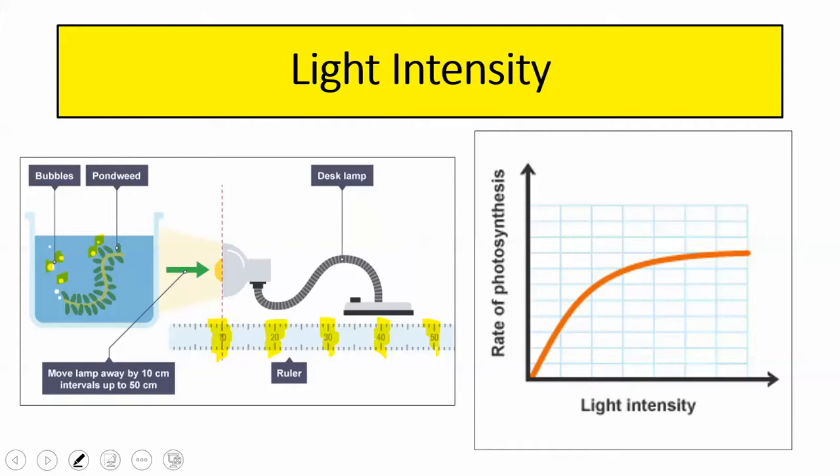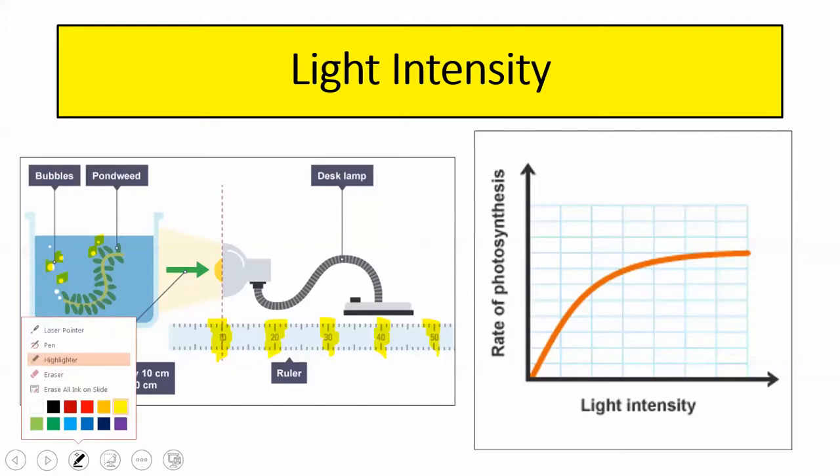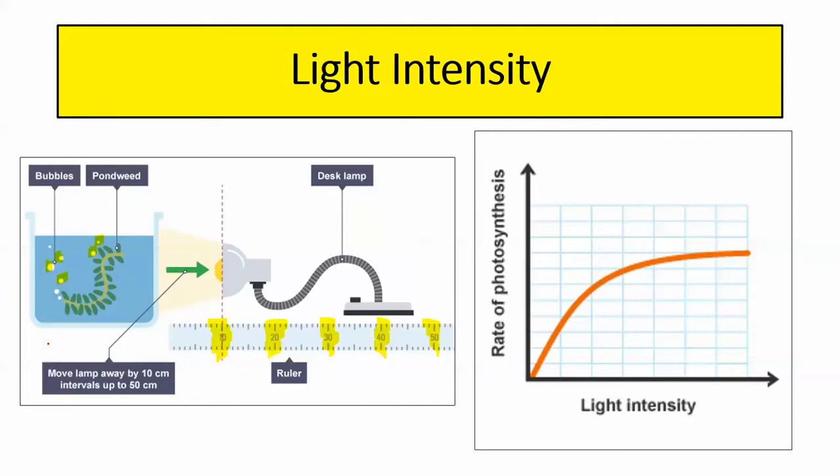So if we look at the graph, what we can see is as we increase the light intensity, as we get closer to it, the rate of photosynthesis increases. It slows down here, it's still increasing, and here it levels out.